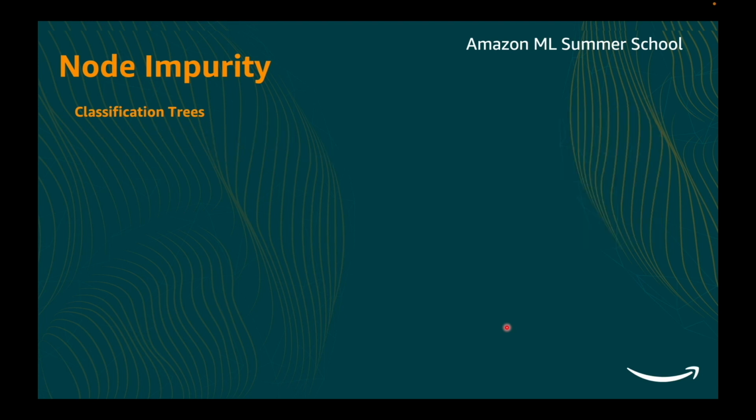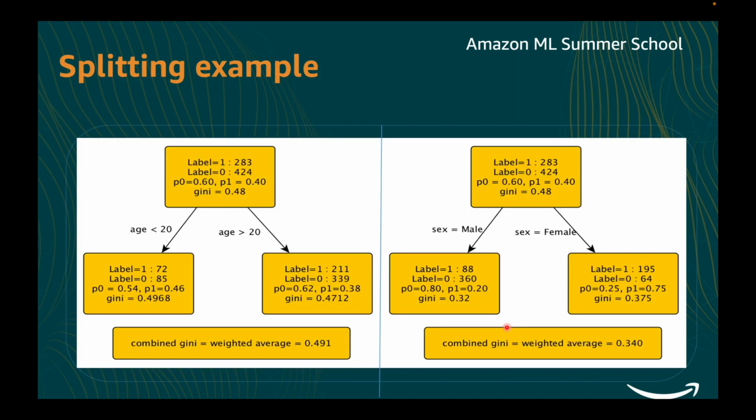To go back to this example, in this tree the fraction of examples falling into class number 0 is 64 divided by 64 plus 195. We take that and square it, and then we also take the fraction of examples falling into class number 1, which is 195 divided by 64 plus 195, and square that.